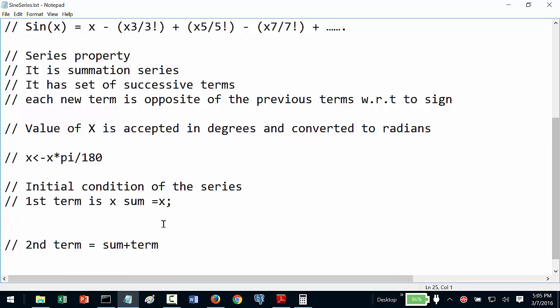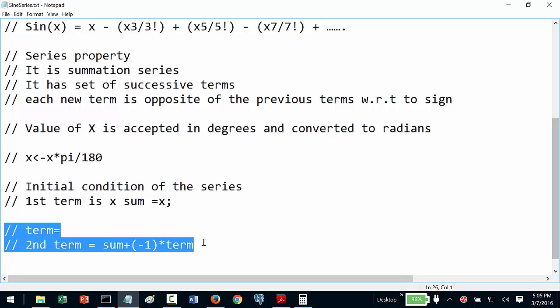So first, we will have to decide our initial condition of our term. We can start with minus, or we can say that our term here, we will multiply by minus 1. Let me find our new term.